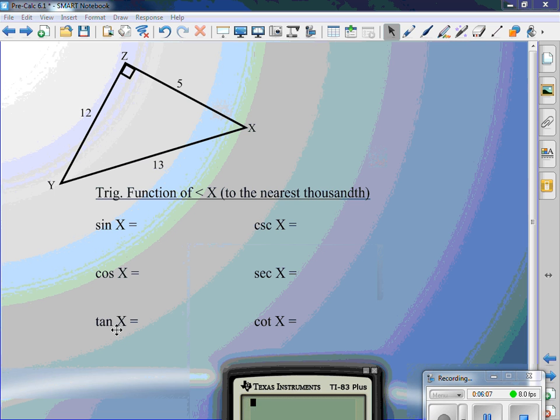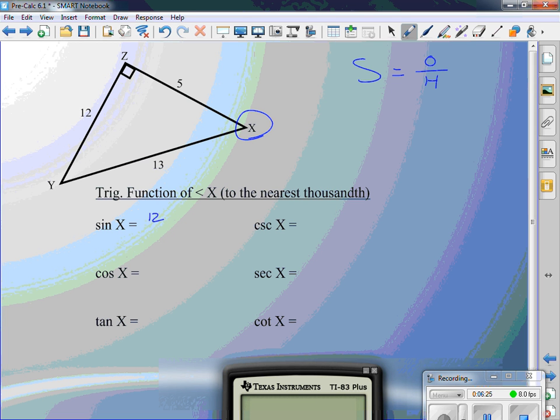I want you to find the sine, cosine, tangent, cosecant, secant, and cotangent of this triangle. For sine of x, we're talking about angle x. How do you find sine? Sine is opposite over hypotenuse.